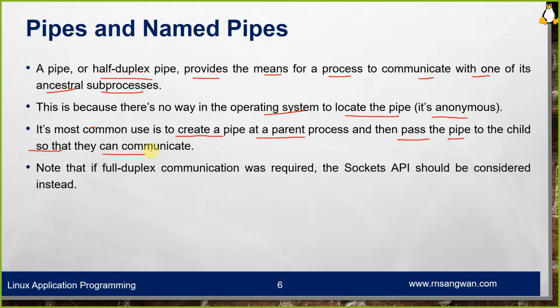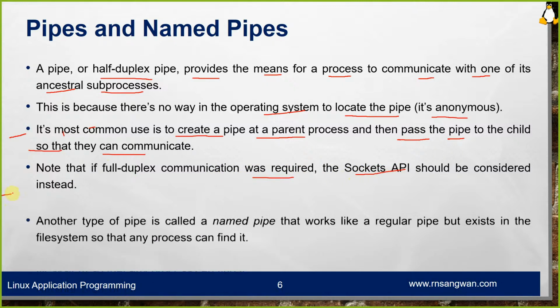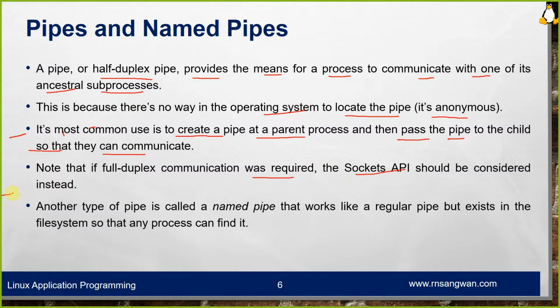Note that if full duplex communication, that is two-way communication, is required, the socket API should be considered instead of a pipe. Another type of pipe is called a named pipe. The named pipe works like a regular pipe but exists in the file system so that any process can find it.